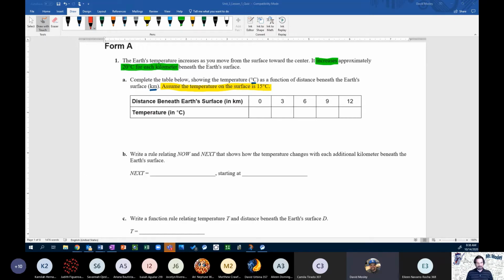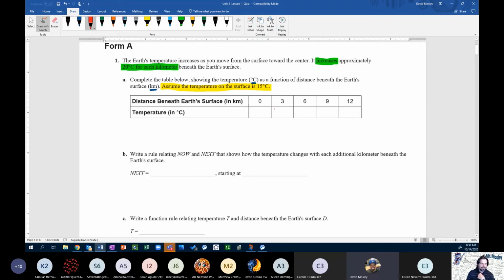Why did I highlight that the temperature is increasing? Why is that possibly important? It helps us fill in the table below.